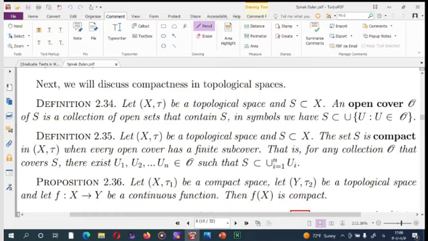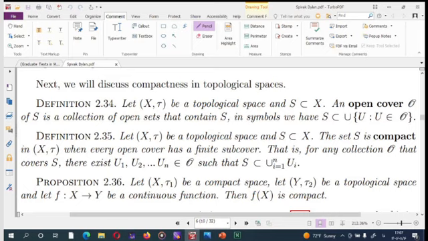Next, we can give the definition of compact sets. Let X and tau be a topological space and S be a subset of X. The set S is compact in X and tau when every open cover has a finite subcover.